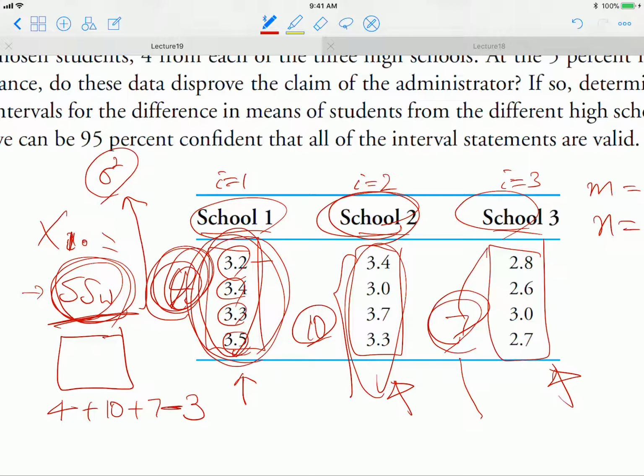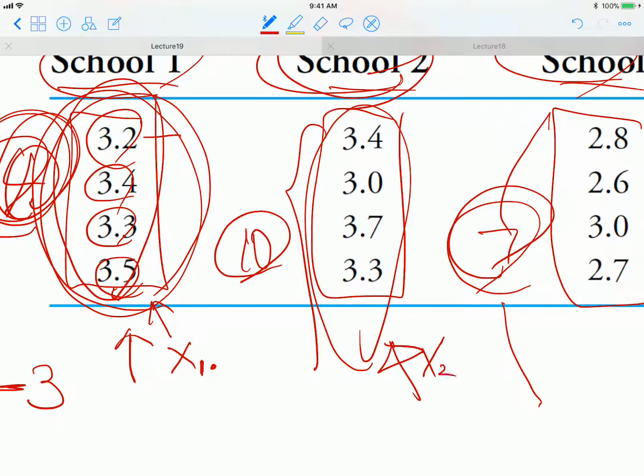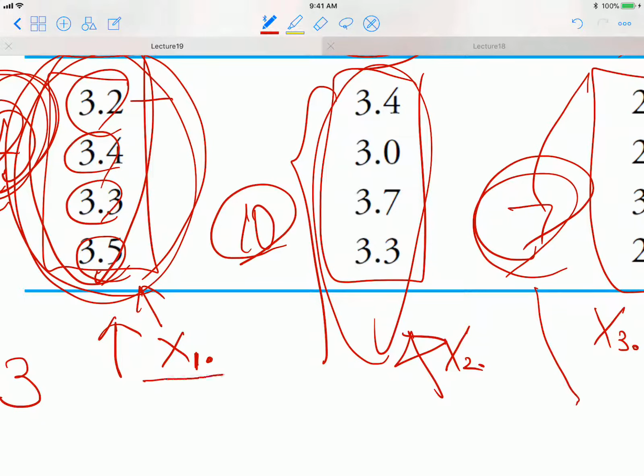And then what about the second approach? The second approach was something like this. This guy is represented by the sample means, X1 dot, X2 dot, and X3 dot, right? But here, each is normalized in this manner: minus mu, divided by the square root of sigma squared divided by 4, right?